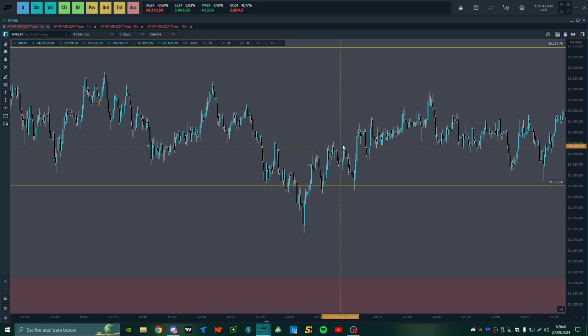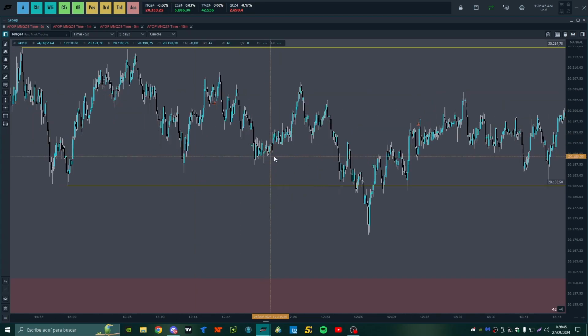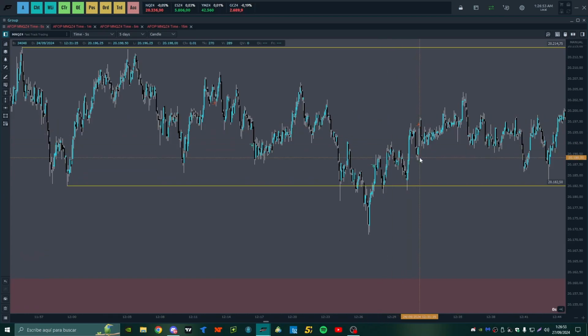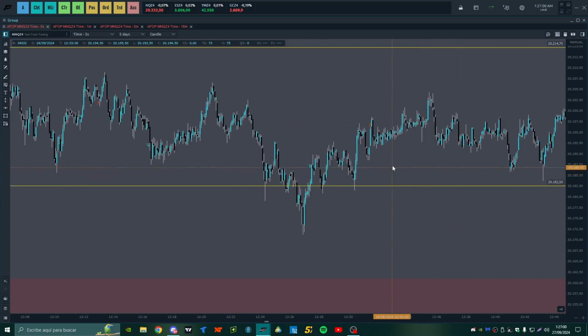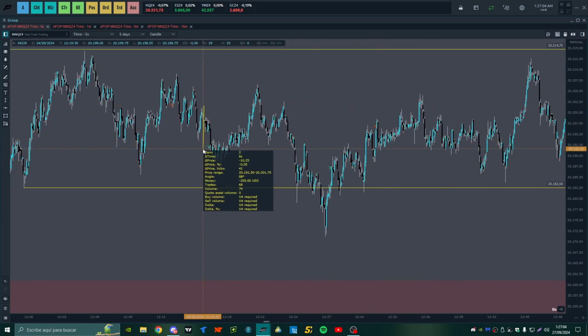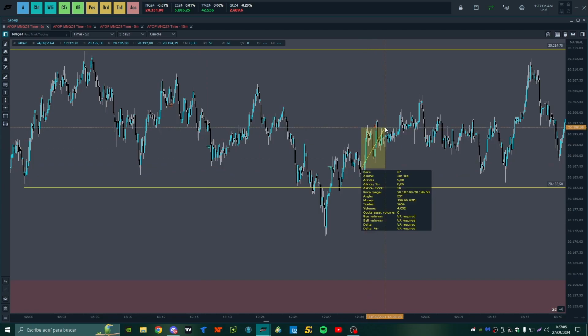Already around here, I didn't like that he was reacting to this. This matched with 50%, like from many areas of the big one. I waited to see how he reacted here. It kept going, and already around here, I ended up closing the order. They were two quick scalps of 10 points.